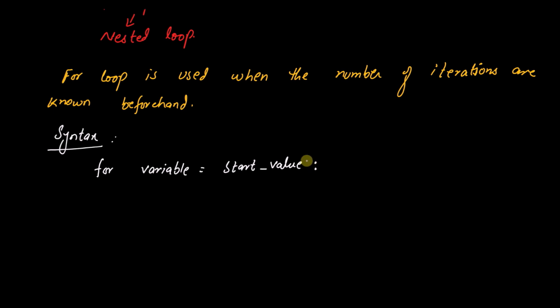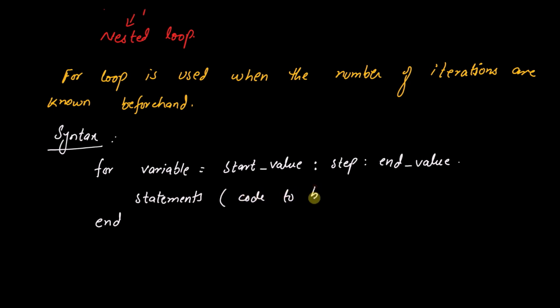Then we have the colon, and definitely we can use the step size too. If not, then that is also fine. And then we have the end value. Finally, we have some statements here, and then we need to end the loop. Statements basically contain the code to be executed.